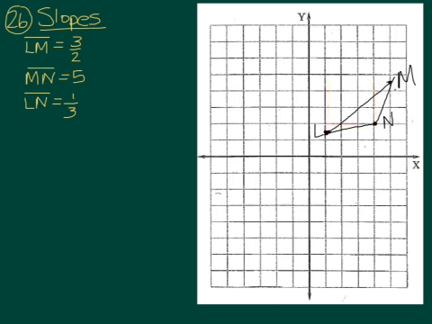Okay, this next part is a little bit tricky. You know that the actual side of the triangle that point L is a midpoint of is going to be parallel to the opposite side, which is MN. Since the slope of MN is 5, the side that goes through L also has to be 5.